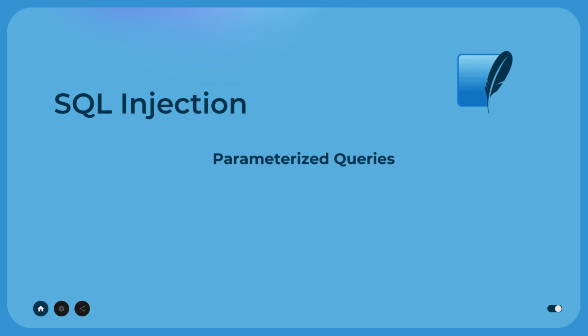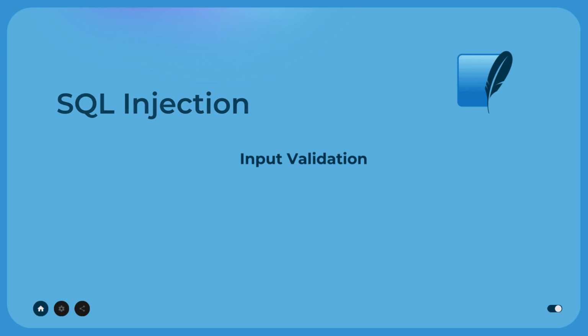This practice ensures that input data is treated as parameters rather than executable code, effectively neutralizing SQL injection attacks. Rigorously validate and sanitize all user inputs. Ensure that inputs conform to expected formats and ranges before incorporating them into SQL queries.